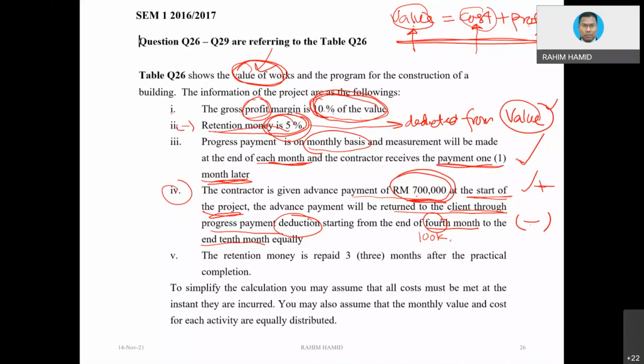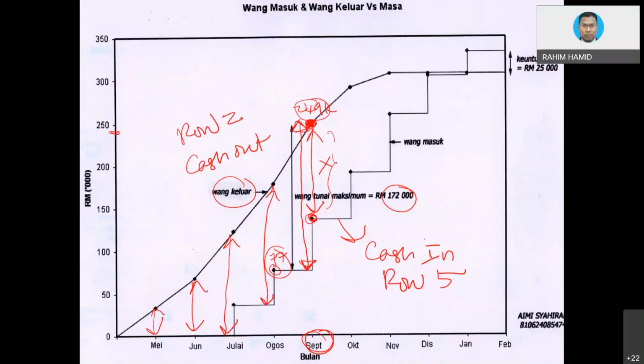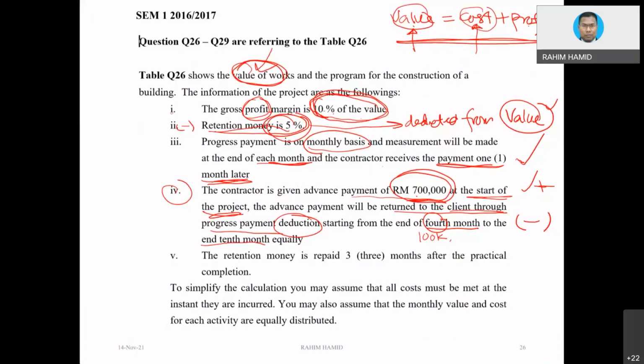So that's why I created, in my row number 5, what I call cash in. Cash in basically is the net, okay? The net payment received after you deduct or add in whatever. So we basically put it in one row.